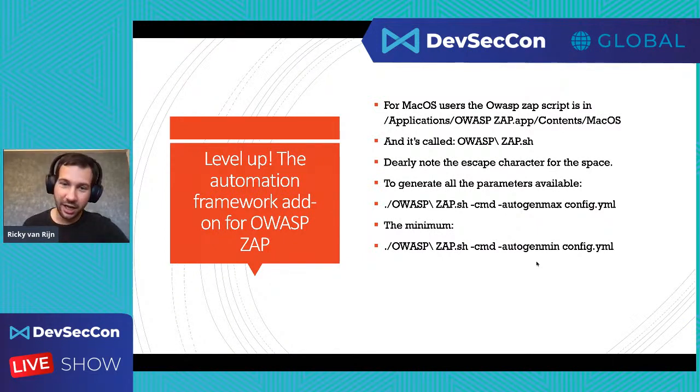Then I brought up the OWASP ZAP AutoGen Max. I first specify that I'm going to run a specific command, AutoGenMax, and of course the file name. You can also enter a path if you feel it's needed. And the bare minimum that's required is also stated in the AutoGen Min.